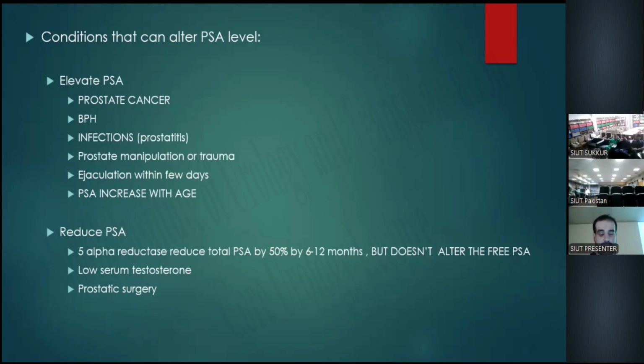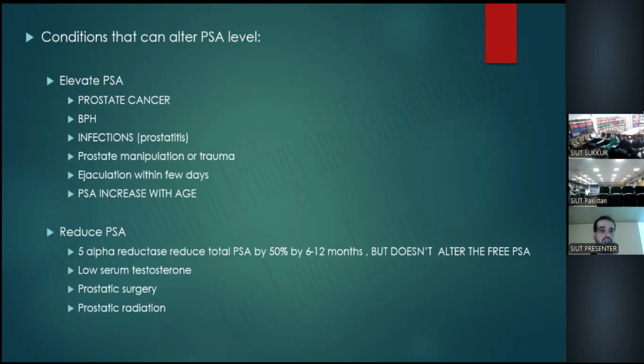Prostatic radiation is the same as prostatic surgery. And hemodialysis alters the free PSA but not the total PSA, so PSA shouldn't be used in dialysis-dependent patients.